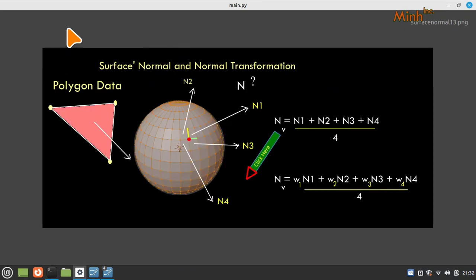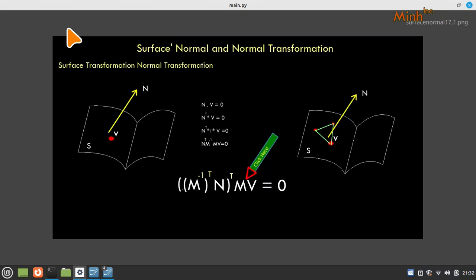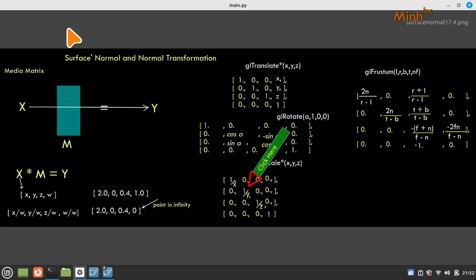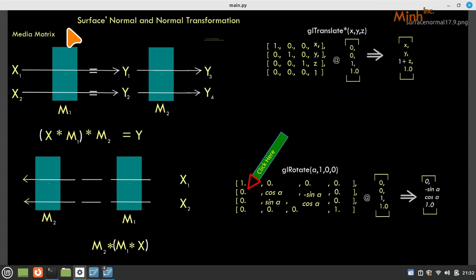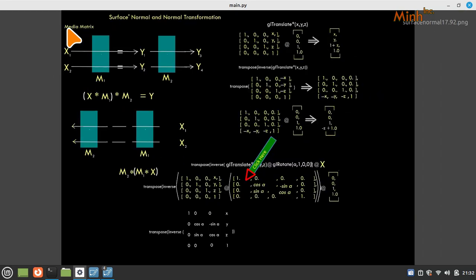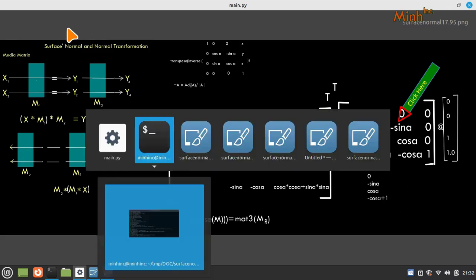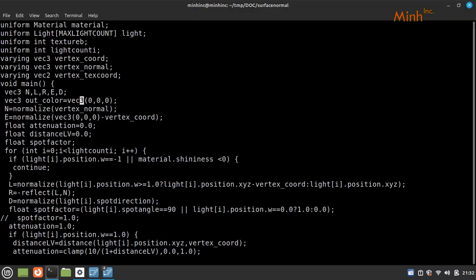The conclusion is that whatever we have done to show this is not required. Whatever transformation we are doing on the vertex, we just have to take out the top 3. That's it. This is what we are doing in our vertex shader.